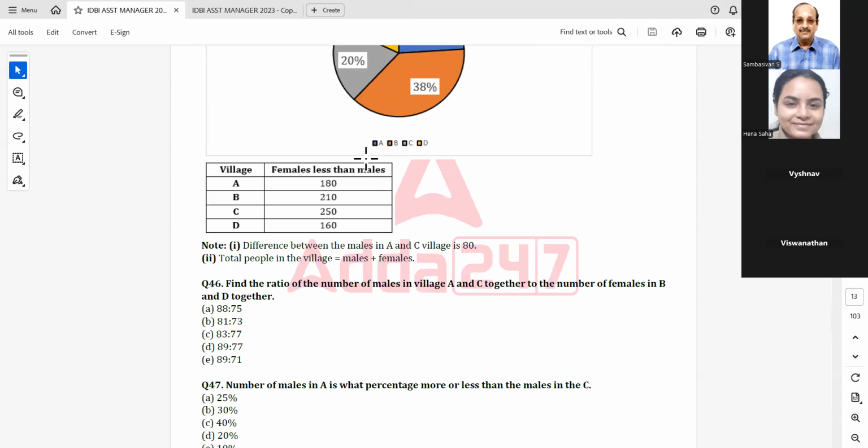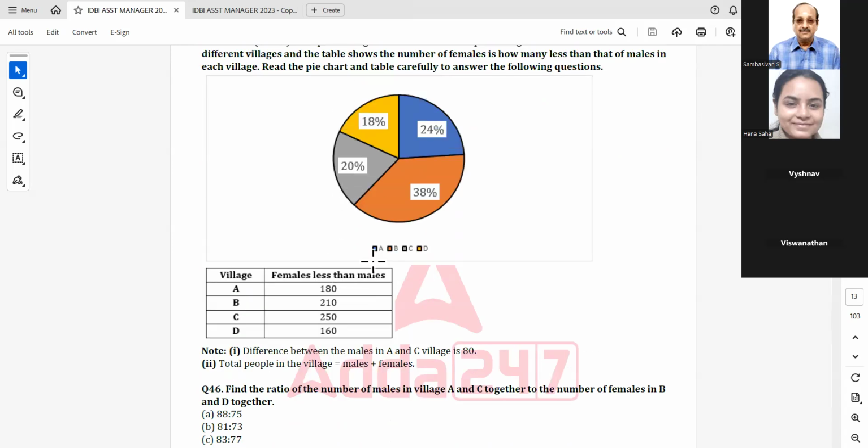Oh, here they have given. I am not able to see that color. So 18% is what? D, yes. 38% is B, 20% is C, and 24% A. Correct. Now I understand that.